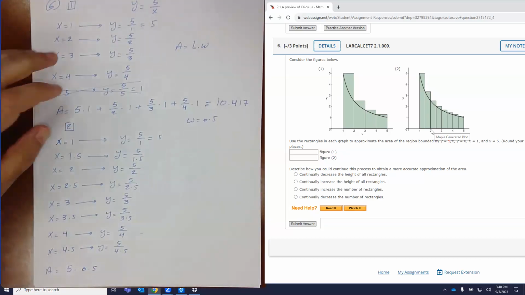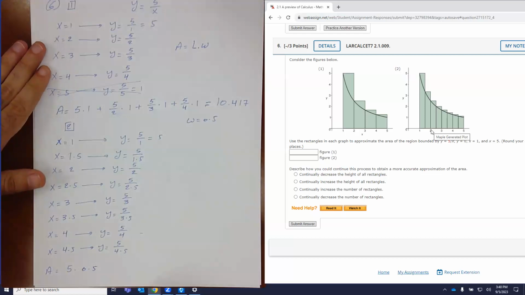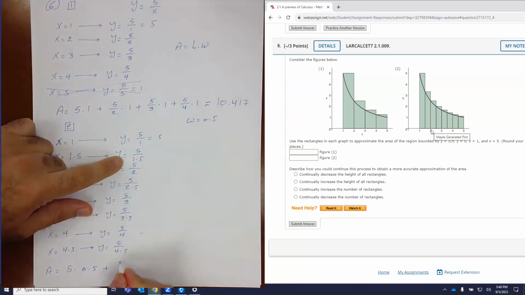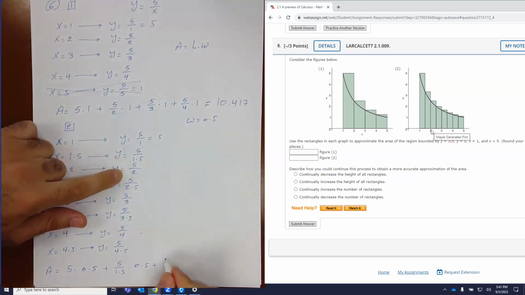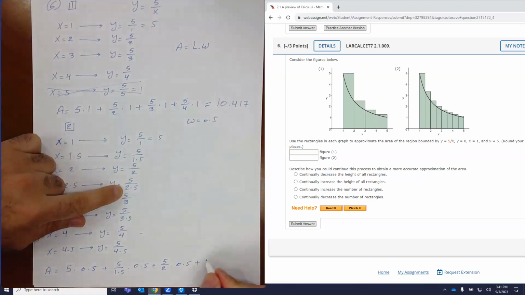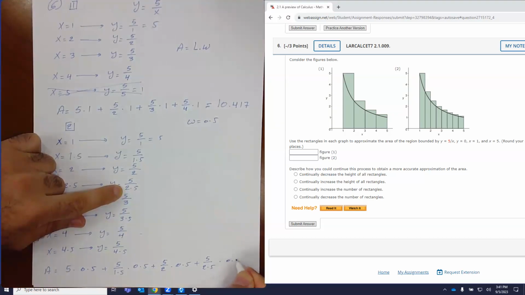For the second one, plus the second length, 5 over 1.5 times the width 0.5. The third one is going to be 5 over 2 times 0.5, plus the next one, 5 over 2.5 times 0.5.